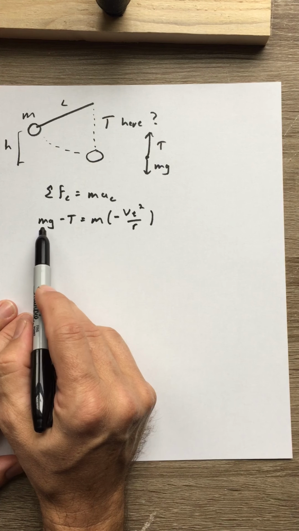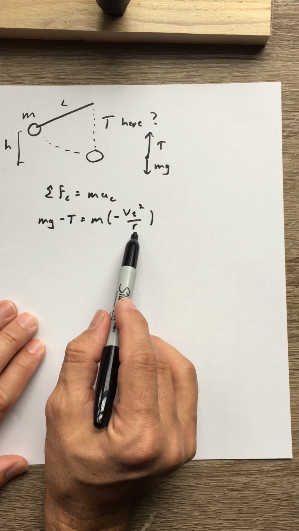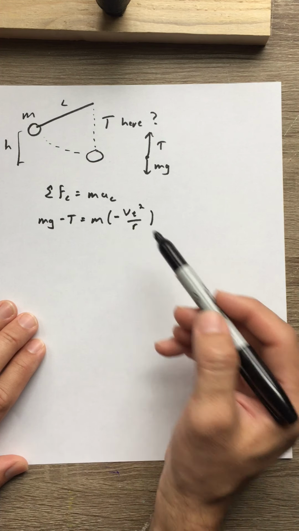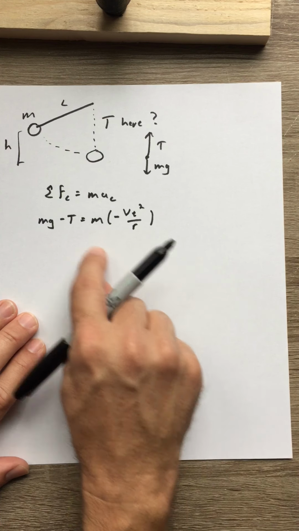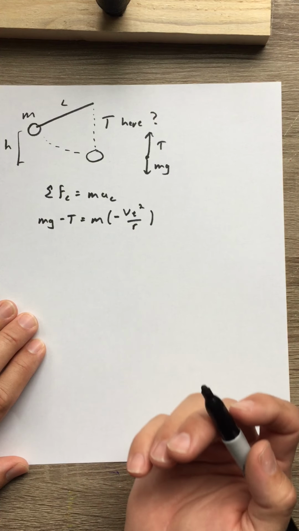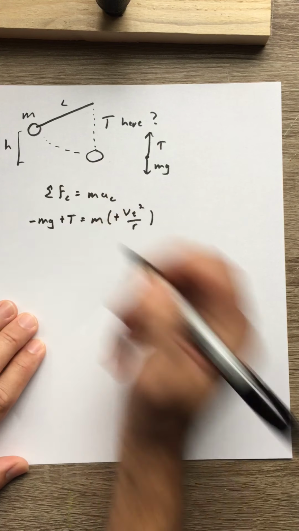So I know the mass. I know the radius r is just going to be L. What I need is the tangential velocity. If I can do that, I can solve this problem. Let's go ahead and solve for the tension. I can distribute the negative sign here and get this.